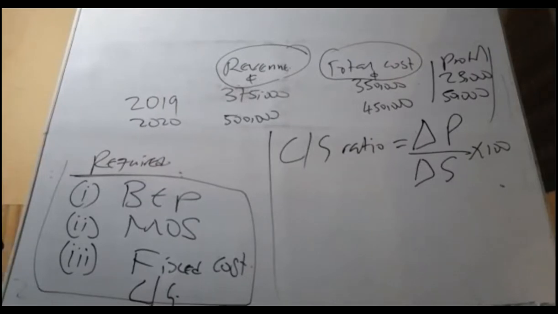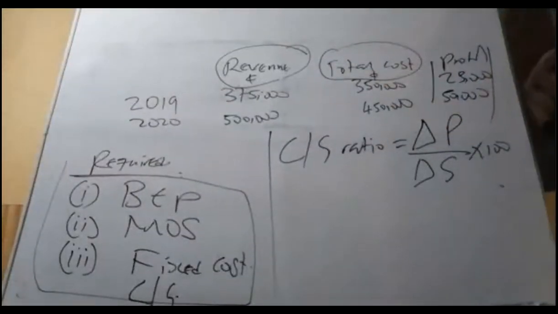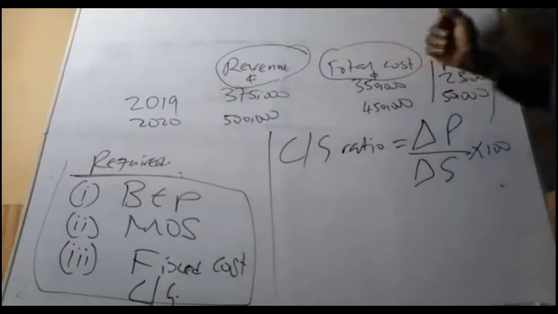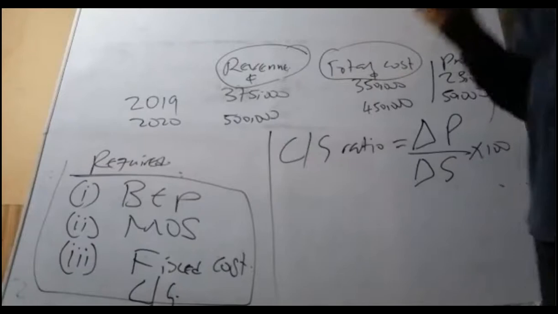Okay, someone should use the high and low method. I like that. High and low. High and low might not work here, because with the high and low, we should have two variables.